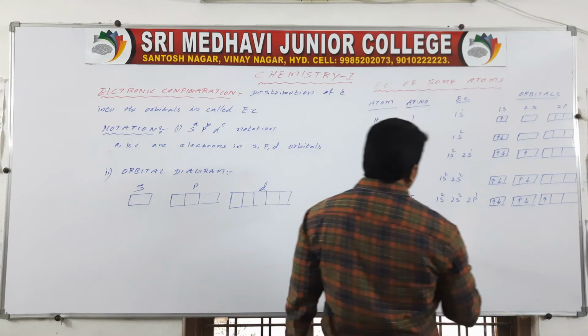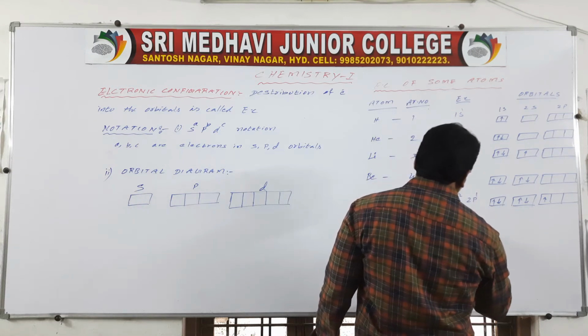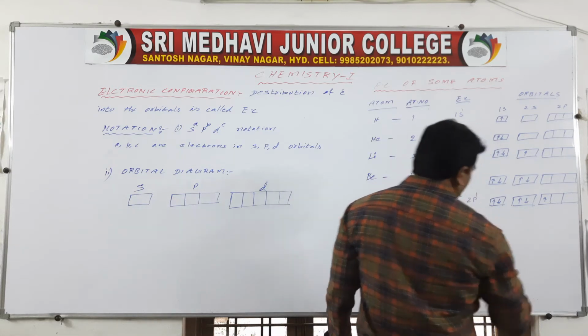Next, carbon. Atomic number 6. Electronic configuration 1s2, 2s2, 2p2.